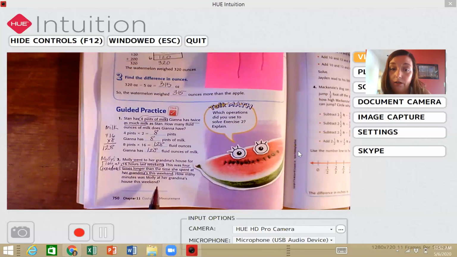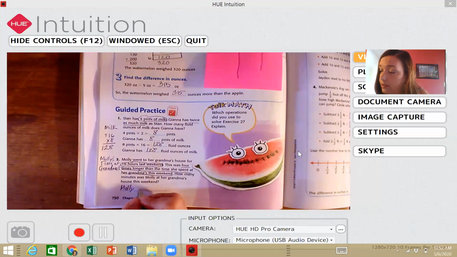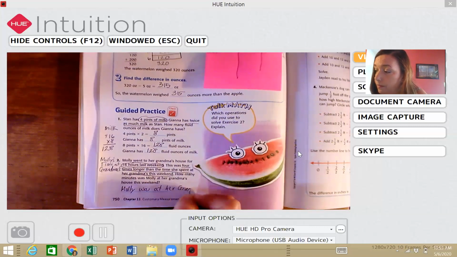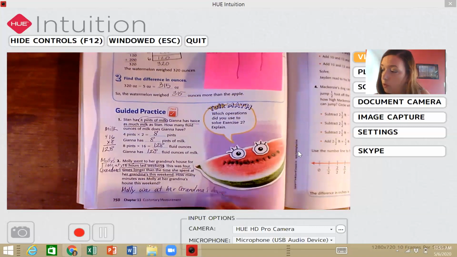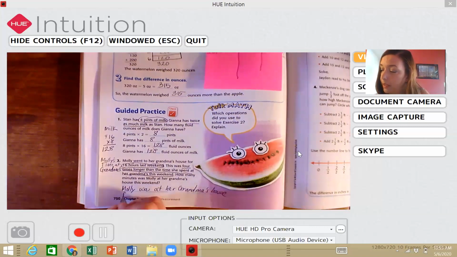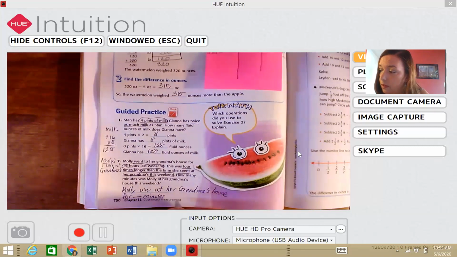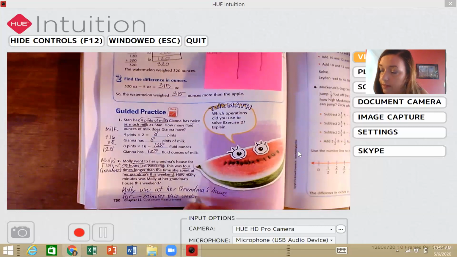That's the question. So the answer is going to have to say Molly was at her grandma's house for blank minutes this weekend. And that's how we write the sentence that we're going to answer.